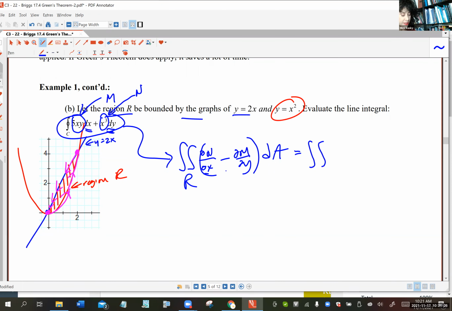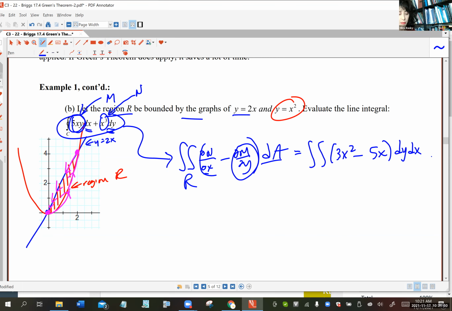Now, dN/dx, the partial of x cubed with respect to x, I believe is 3x squared, minus the partial of M with respect to y, looks like it's going to be 5x. And I'm going to choose my dA, my area element, to be my favorite order of integration, which is dy dx.